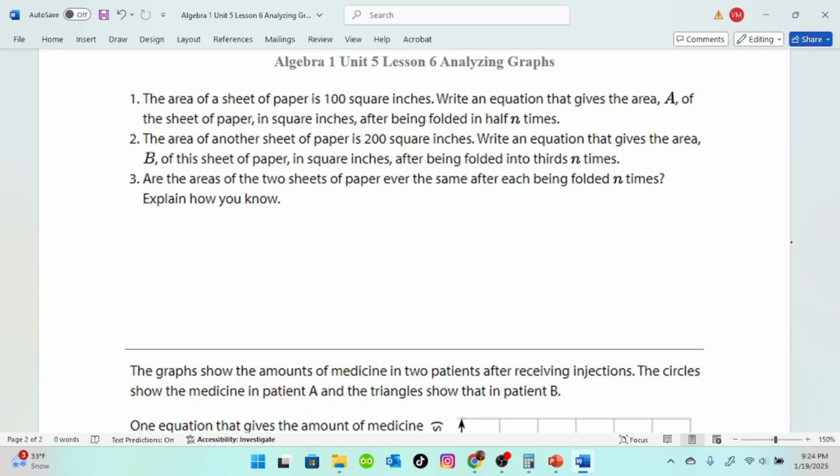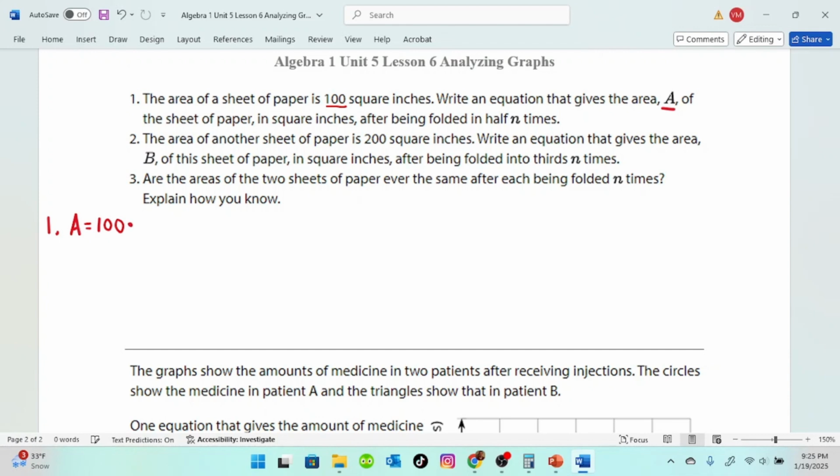And here they tell us to use capital A. The next thing we need is the initial amount. And right here they tell us it's 100 square inches. So A equals 100.